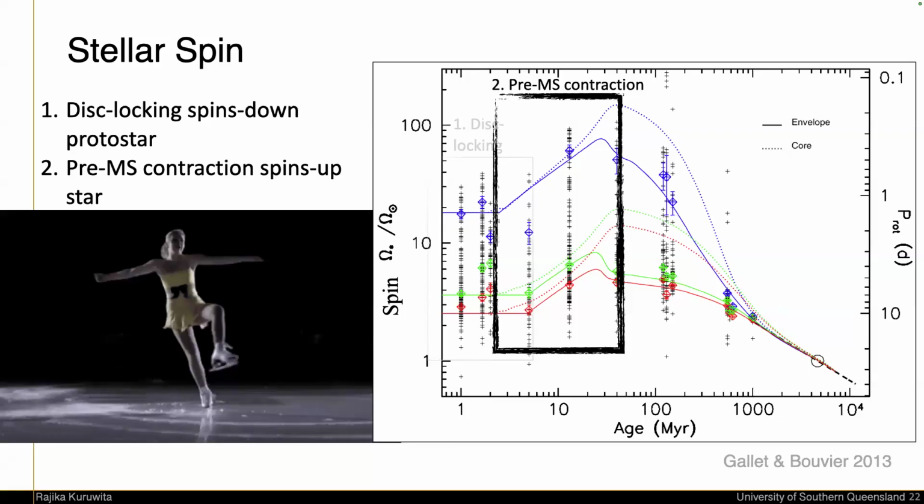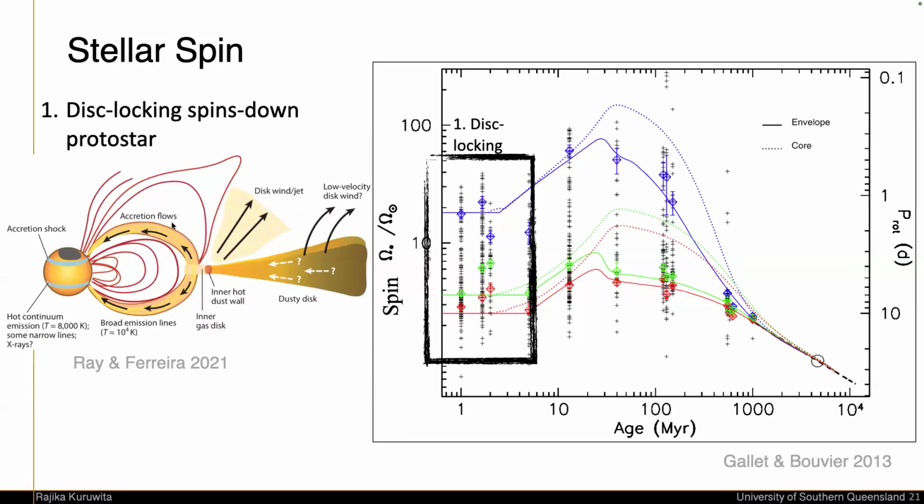Sorry, it's not letting me go back. There we go. Everything's ionized, so you have very strong coupling with the magnetic field. The magnetic field threads through the inner disk, and because of that, the star might want to spin up because it's contracting, but the disk is further out, so it spins slower. So there is this tension, and that leads to angular momentum loss through winds being launched.